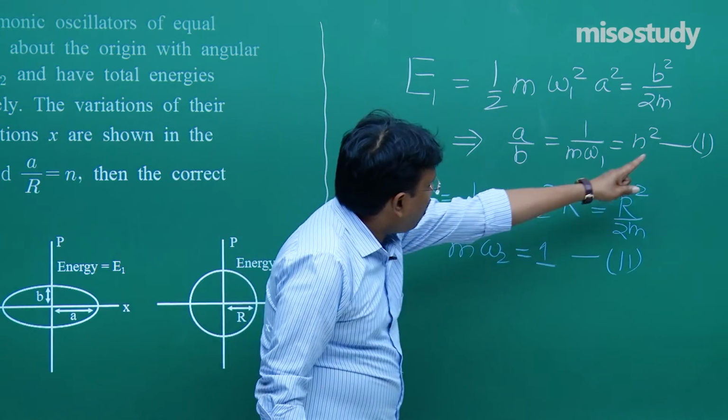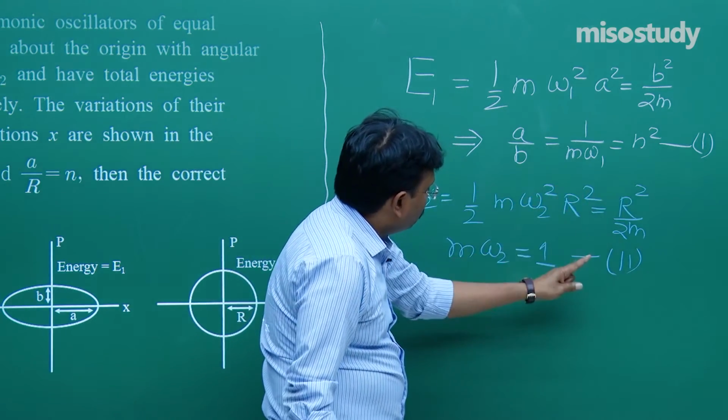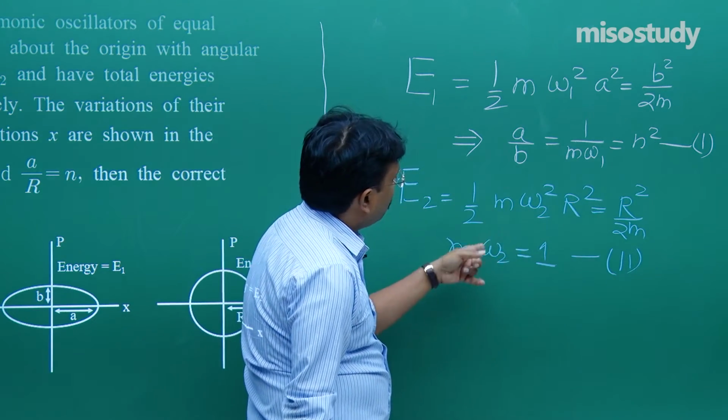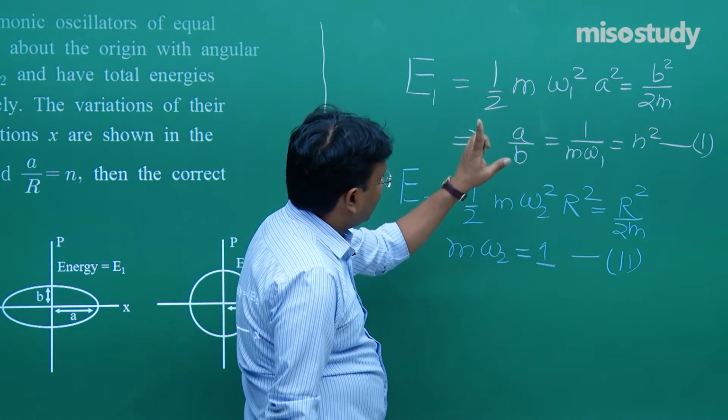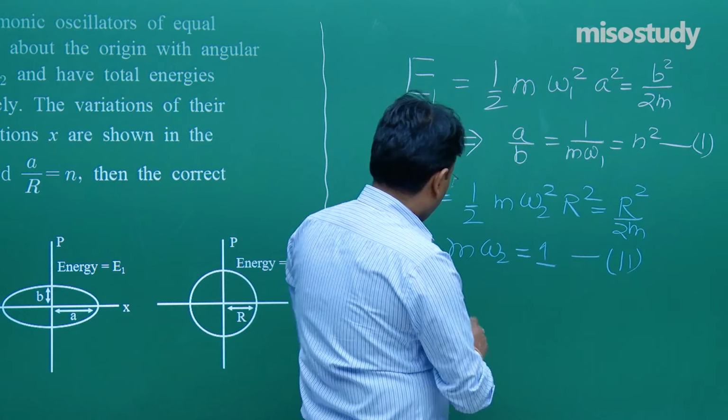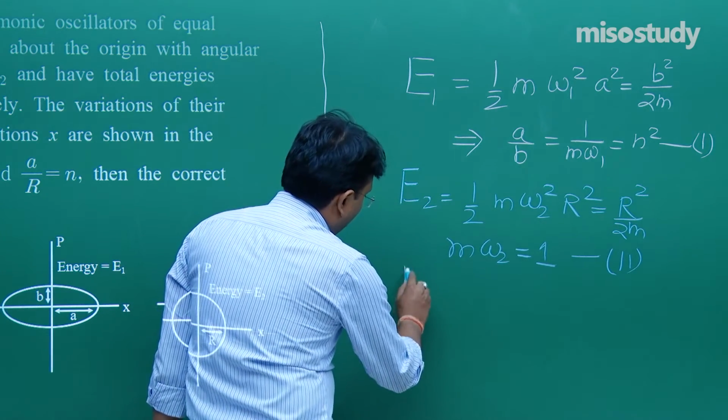Now from equations 1 and 2, omega 2 upon omega 1 is equal to n square. Let me write down this term over here itself.